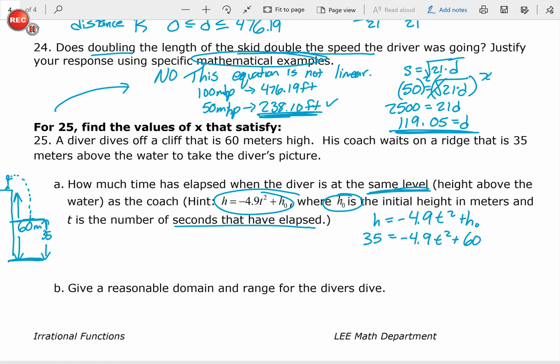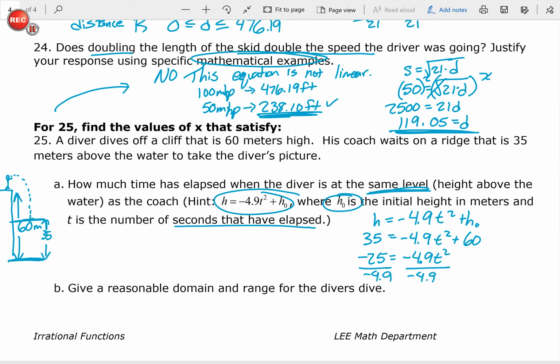All right, let's go ahead and subtract 60 from both sides. So we're going to end up with 35 minus 60, which is just going to give us negative 25 equals negative 4.9 t squared. Now what we're going to do is divide by negative 4.9.